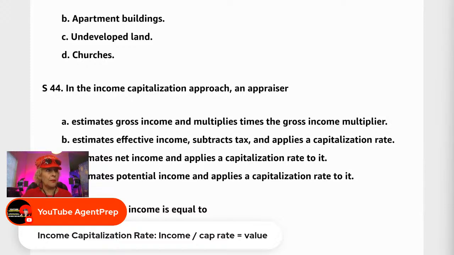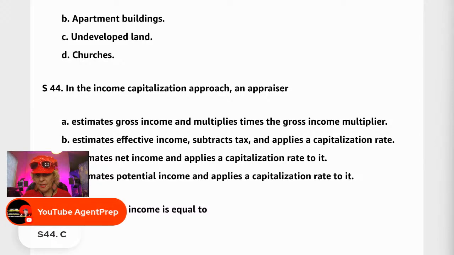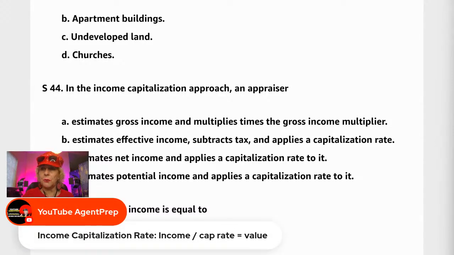The answer here was S44C, so that's the income that you want to use. Go back and look at your math reviews on appraisals and do some examples on capitalization rate, gross income, and net income on rental properties.